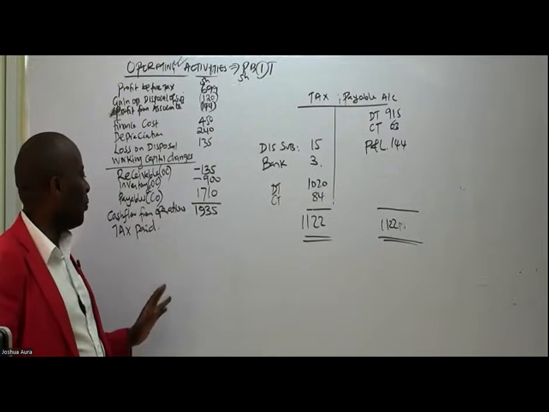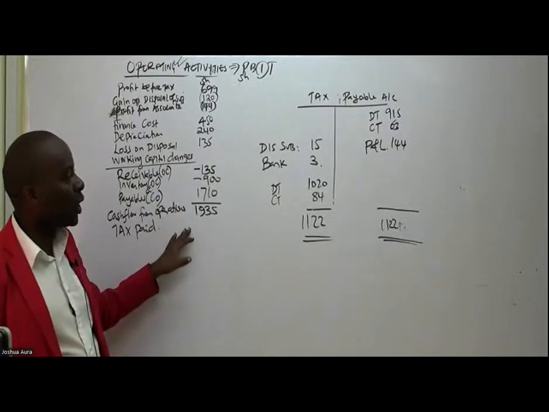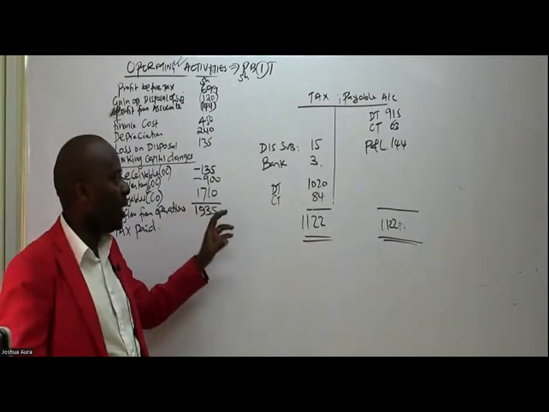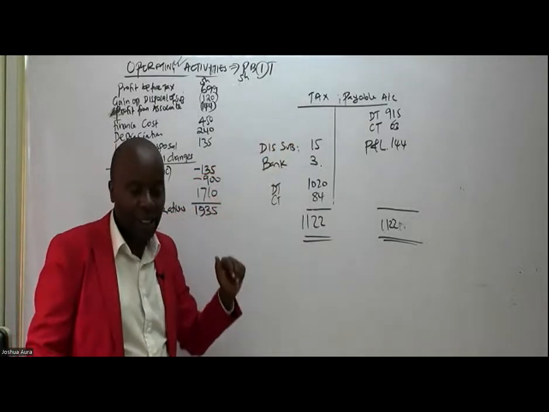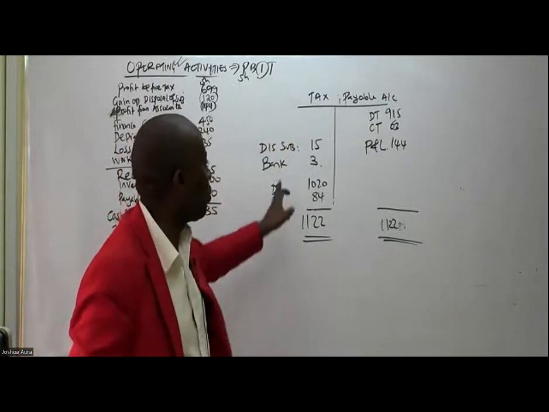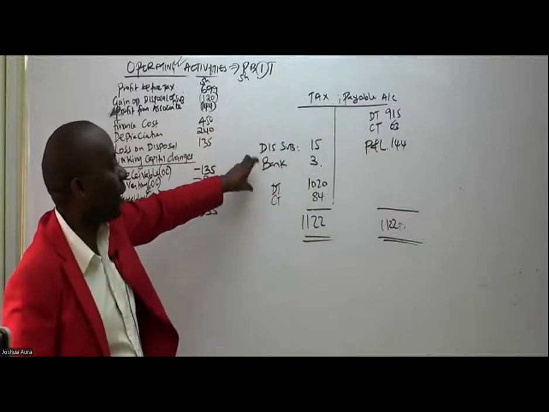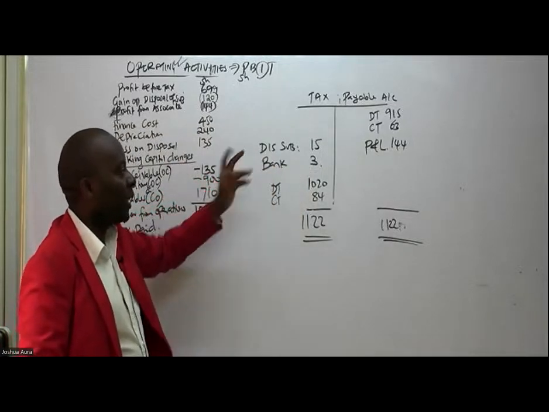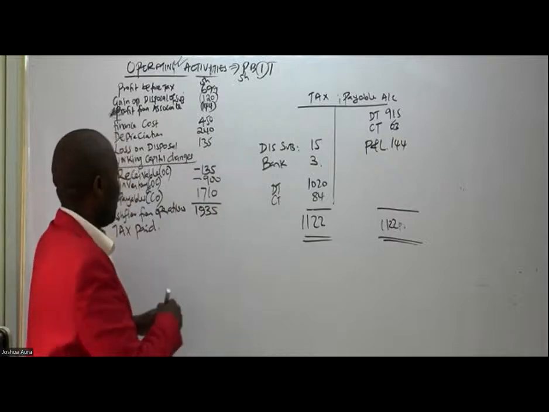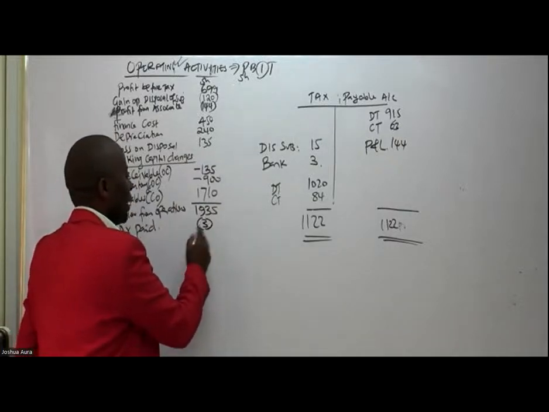Now from there, I would want a working for the tax paid. We have done our arithmetic, and we have realized that we paid the tax to the bank. Remember, in cash flow we're only taking things touching the bank and cash. So bank 3. Less tax paid, which is 3. It's a cash outflow.